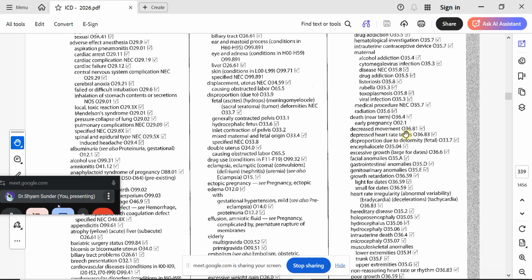In this case, O36.81 is your code. That's the indication for cesarean delivery.